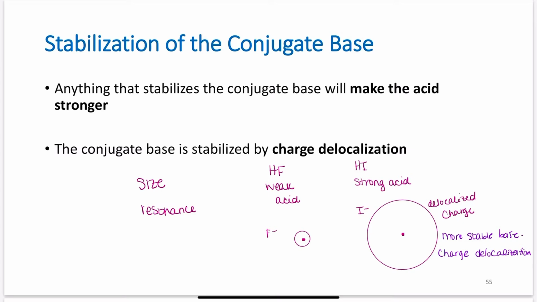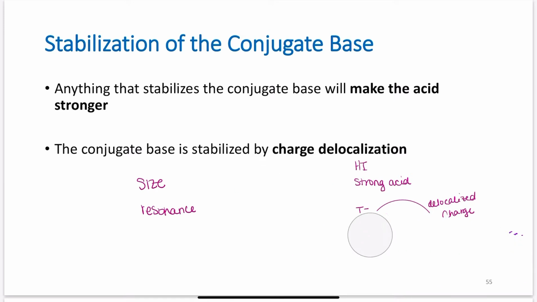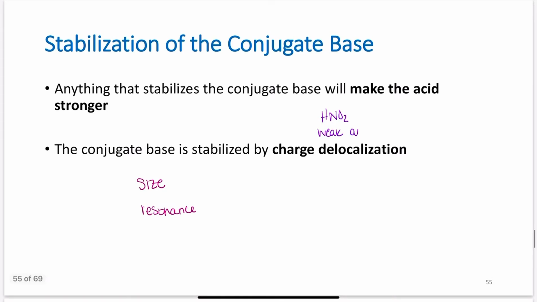Another thing to think about here is resonance. Let's look at HNO2, weak, and HNO3, strong. Remember, the NO2 minus ion is called nitrite. So this is nitrous acid. NO3 minus is nitrate. So this is nitric acid.